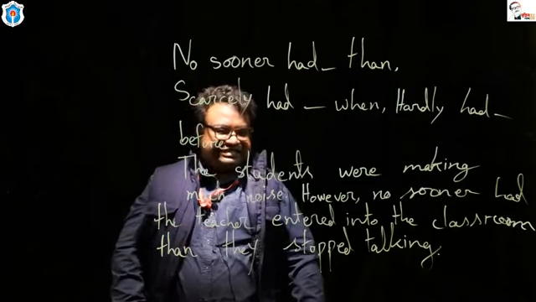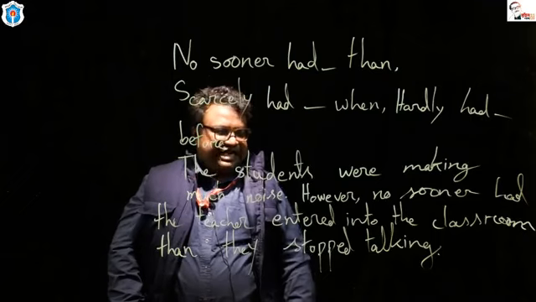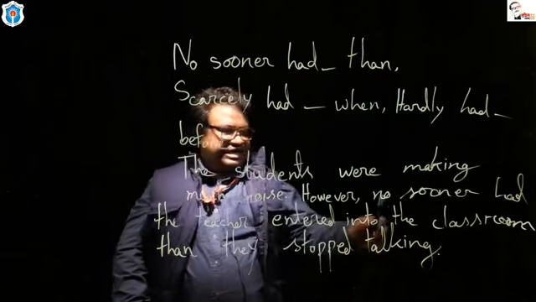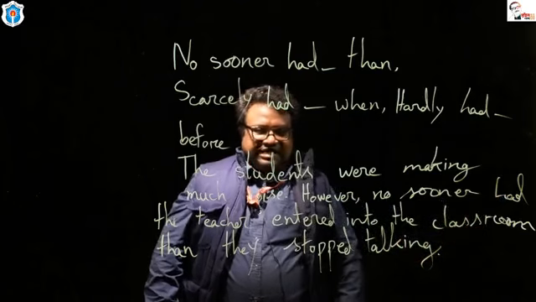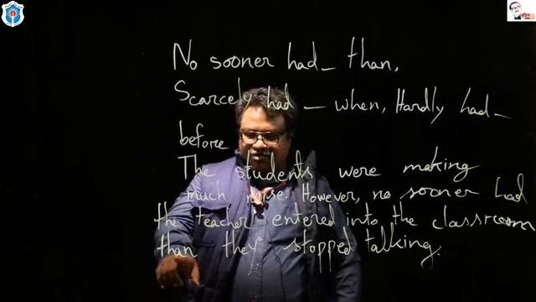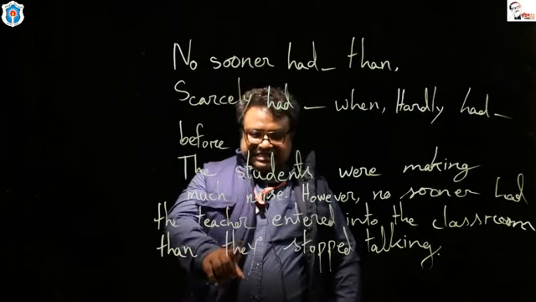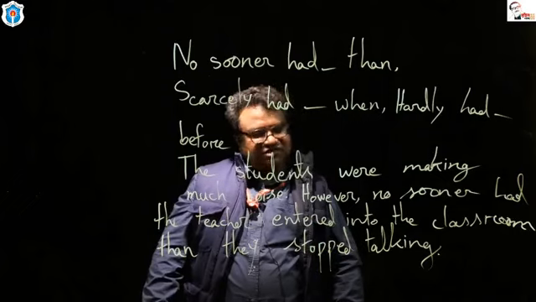This sentence is given. Now, however, no sooner had the teacher entered into the classroom. Here, no sooner had the teacher entered into the classroom, this part is in past perfect tense, and then we are using the subject they plus the past form of main verb stopped.